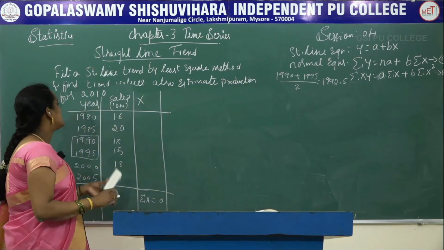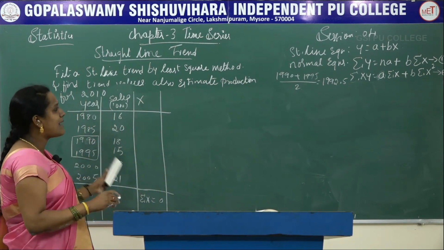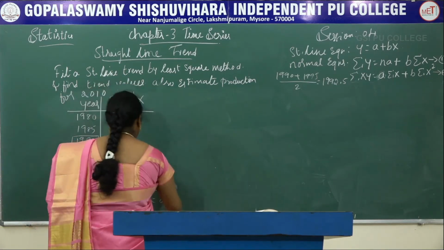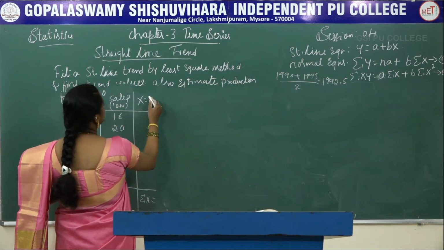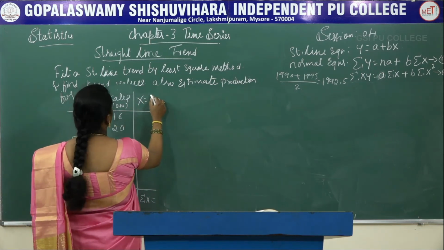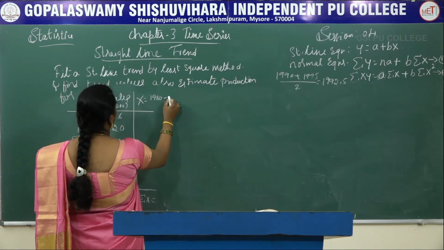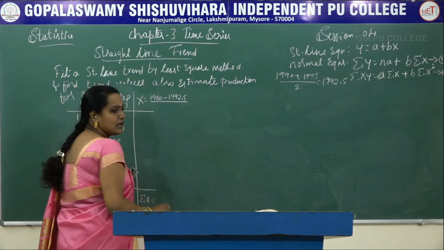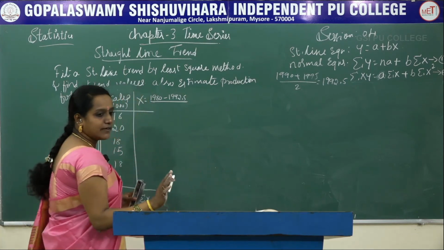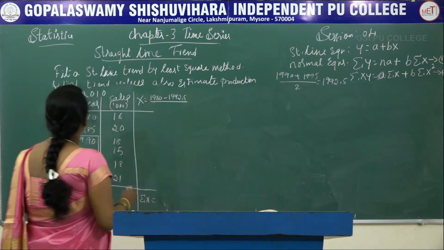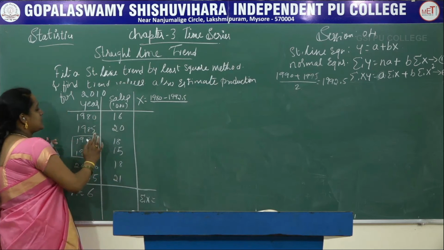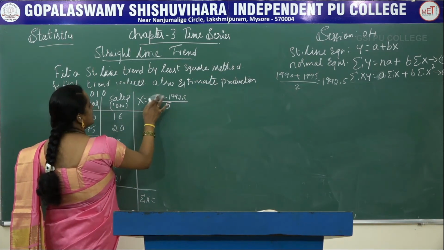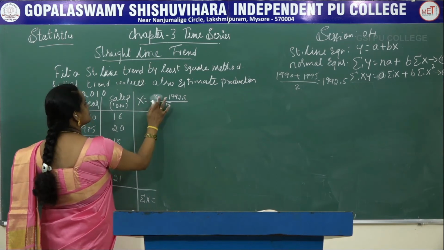To make this, now we will do the manipulations. To find the x values, this x column should be 1980 minus 1992.5 divided by 5, because the difference between the years is 5.